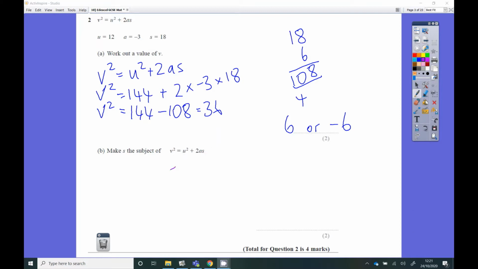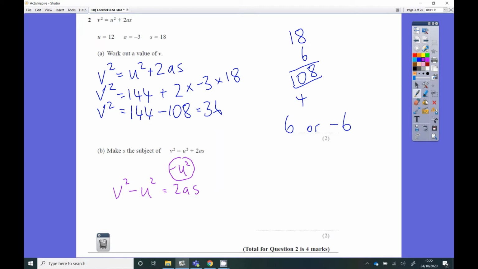So we're going to minus u squared from both sides. So on the left hand side, we're going to have v squared minus u squared. And at this point, we're just left with 2as on the right hand side.